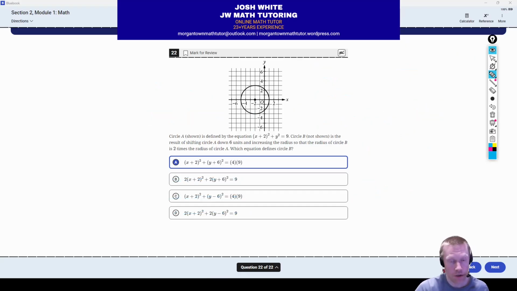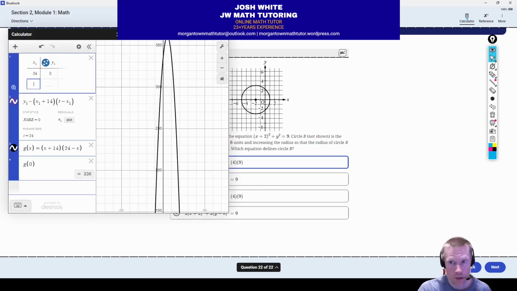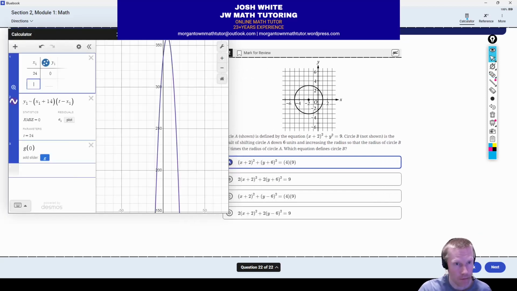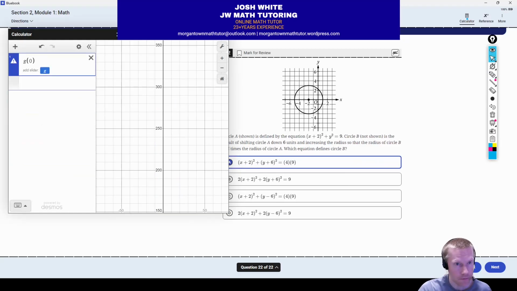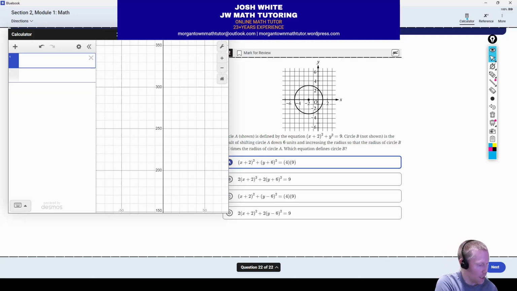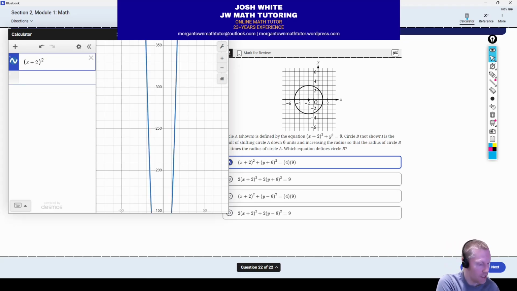Now, an alternate way you could solve this, if you really were having difficulty and weren't sure, is you could just go to Desmos. You could graph out the original problem, and then look at the answer choices and see, first of all, are they shifted down 6 units?